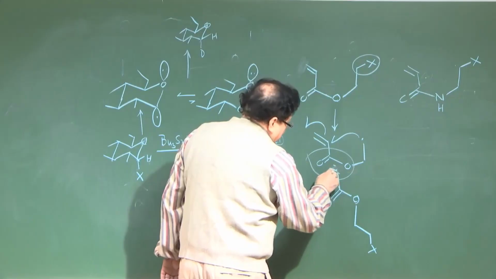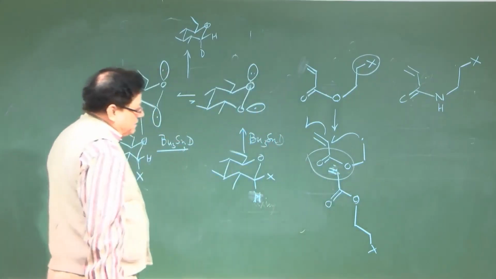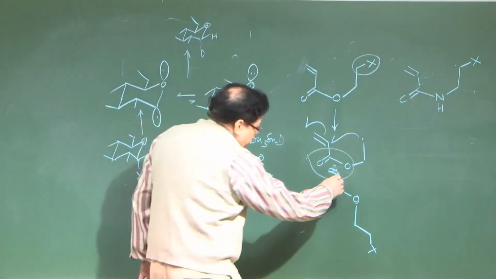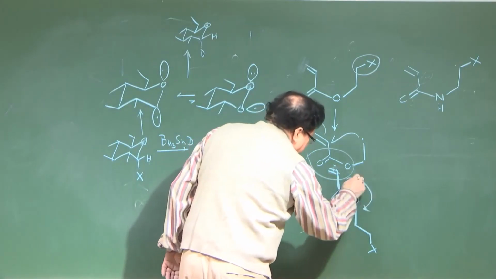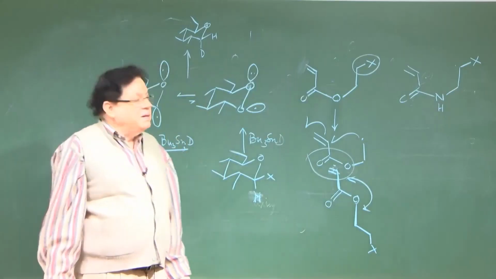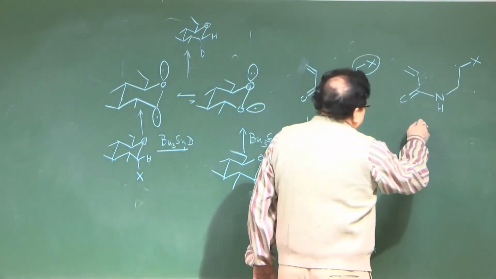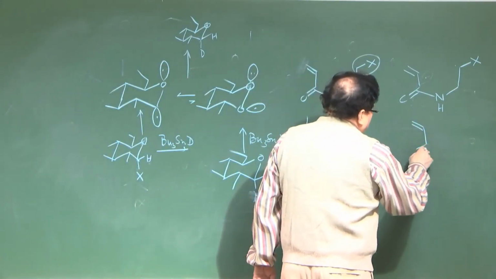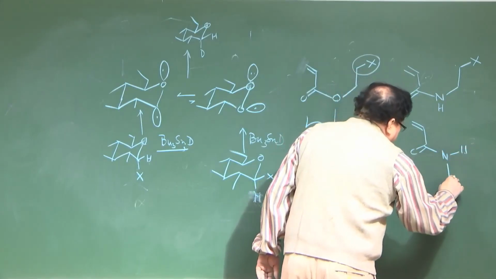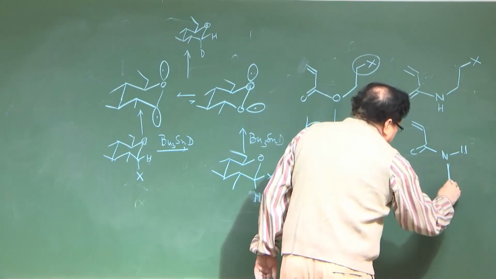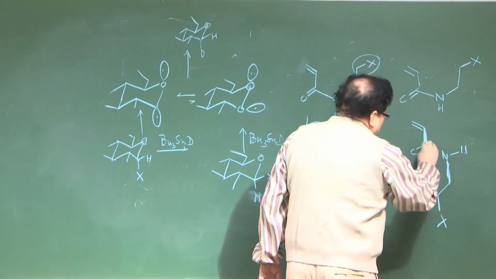So, this is the preferred conformation, because it wants to be transoid. So, this is the transoid geometry. The same is true for the amide. That also wants to adopt a transoid geometry.